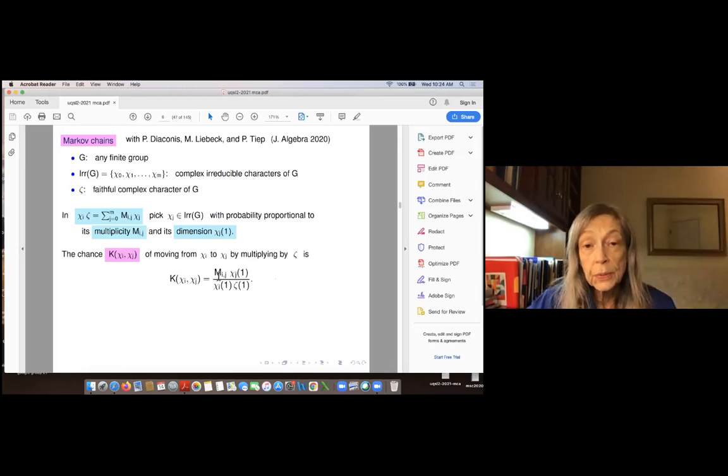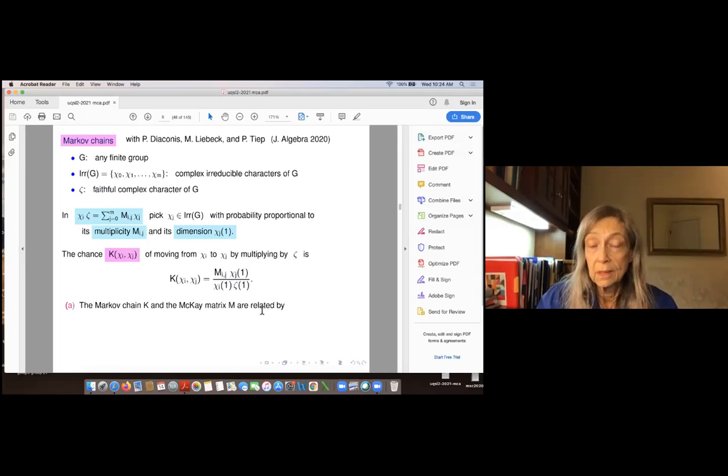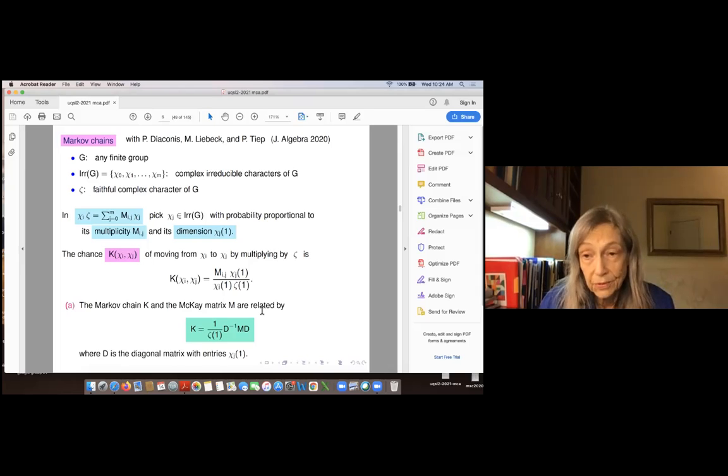It's the multiplicity times the dimension of the module where you end up, over the dimension of the thing you start with. That's the chance of moving from χ_i to χ_j by multiplying by ζ. So this tells me that the Markov chain and the McKay matrix are related by a very simple matrix formula.